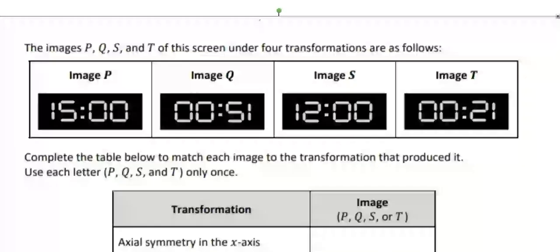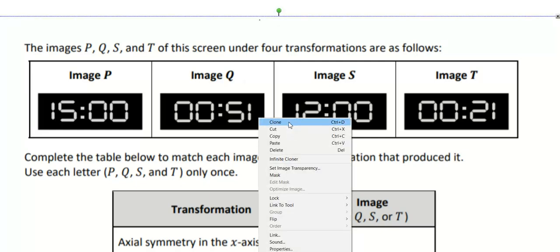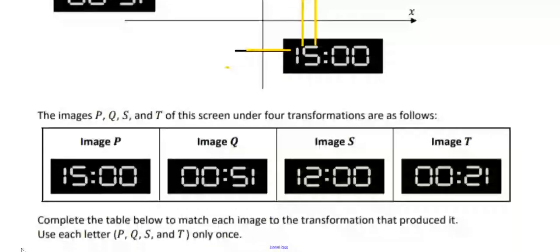Okay, so one sec, there it is here. We've got this question. Move it out to your side.